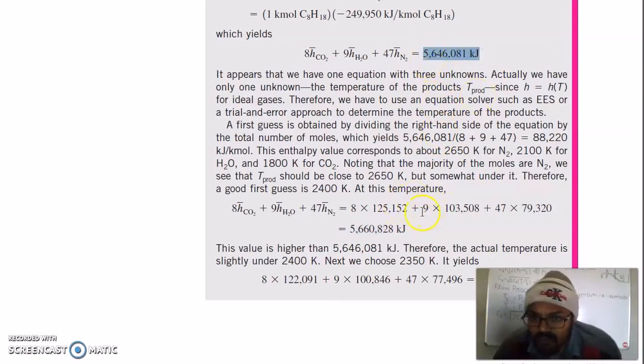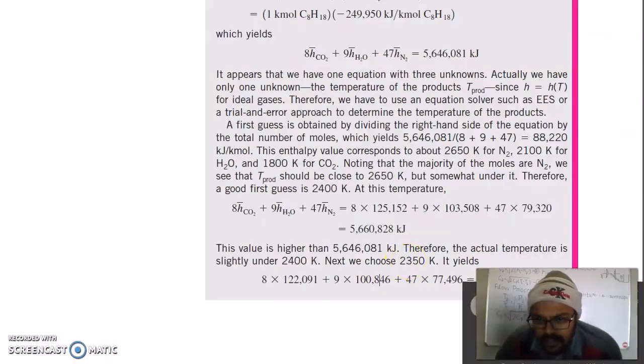It means we have to decrease this 2650 Kelvin so that the overall value of energy will decrease. So we take the second value, 2400 Kelvin, and at 2400 Kelvin we have this much enthalpy, which gives the result 5646.